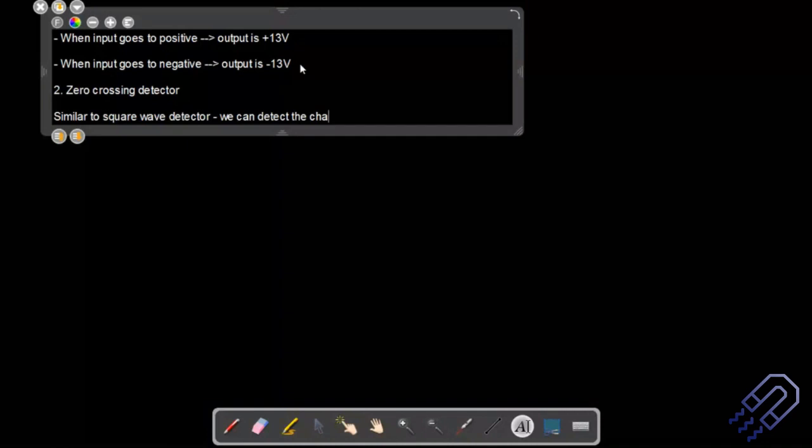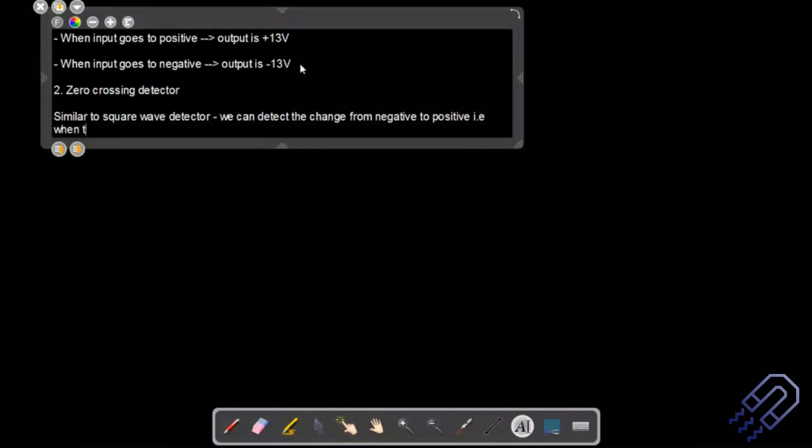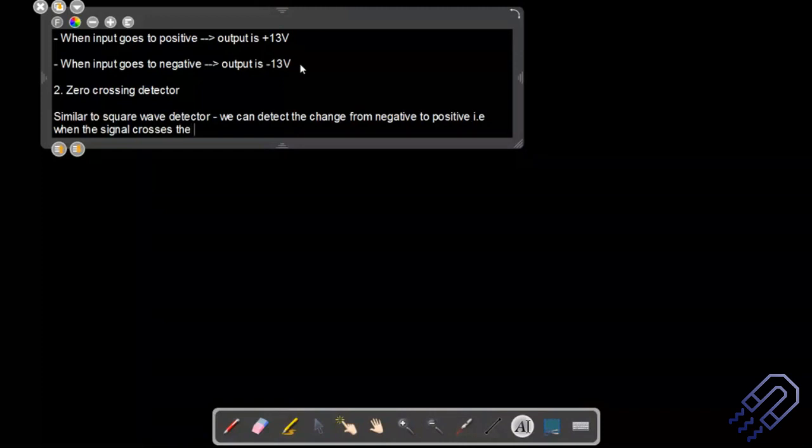We can detect the change from negative to positive or the other way. Okay, negative to positive, that is when the signal, sorry, not low, when the signal crosses the zero line, right?